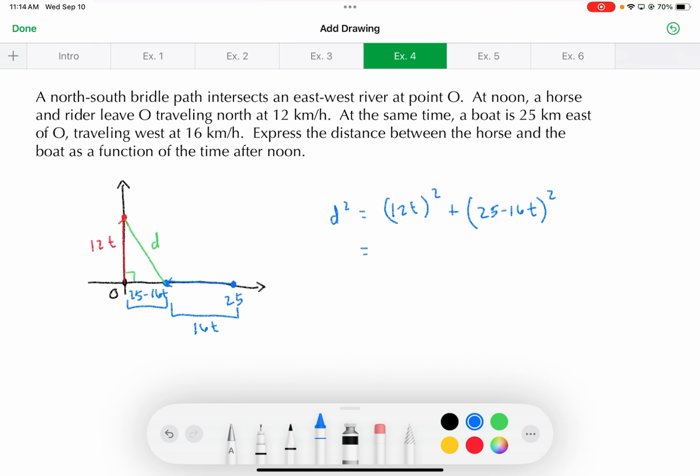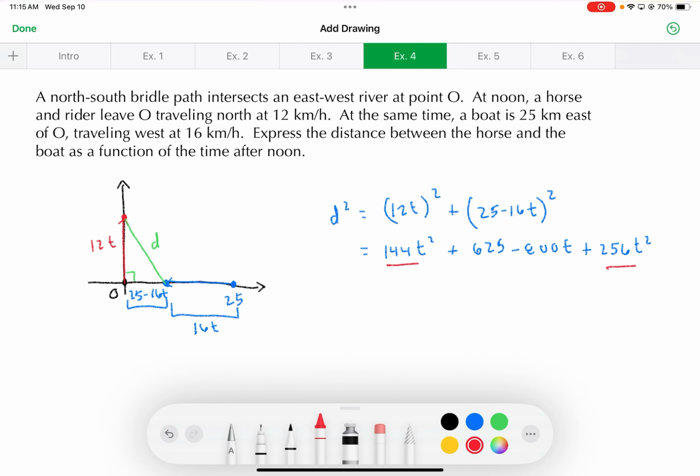Okay, we're going to simplify all this out, expand it out. That would be 144t squared. And then if you square the binomial, you'll get 625 minus 800t plus 256t squared. And of course, we can combine those two together.